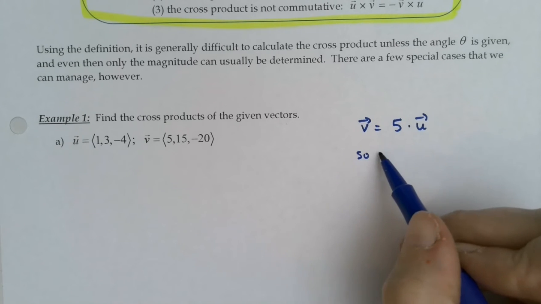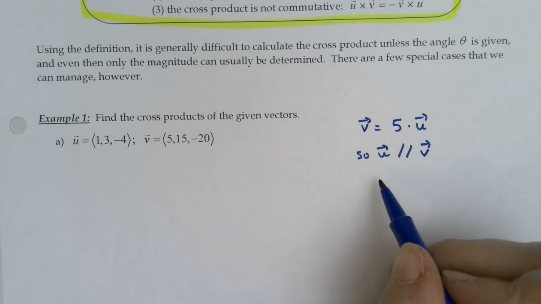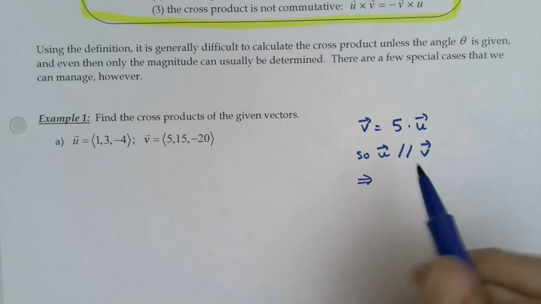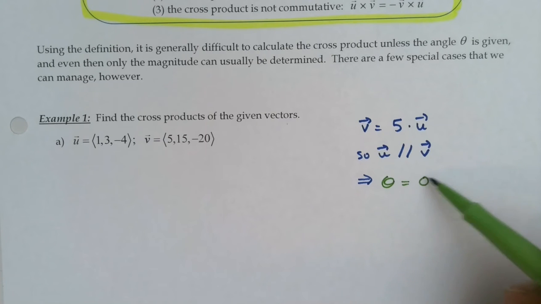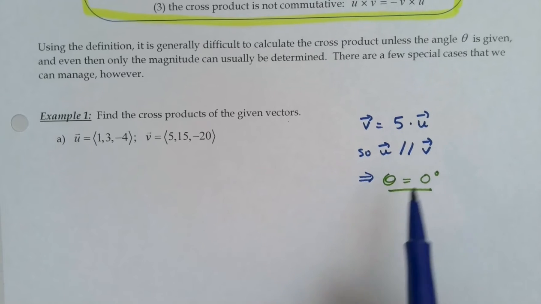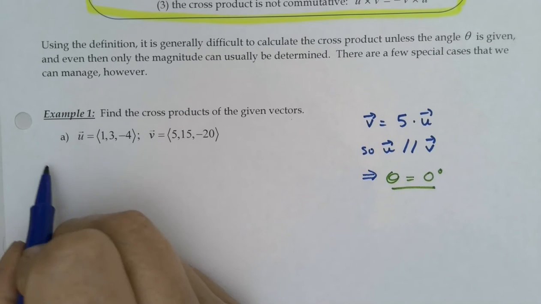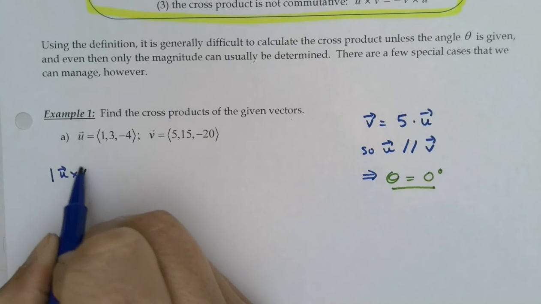So that means that u is parallel to v. And that means that the angle between them, theta, would be a big fat 0 degrees or 0 radians, doesn't matter.